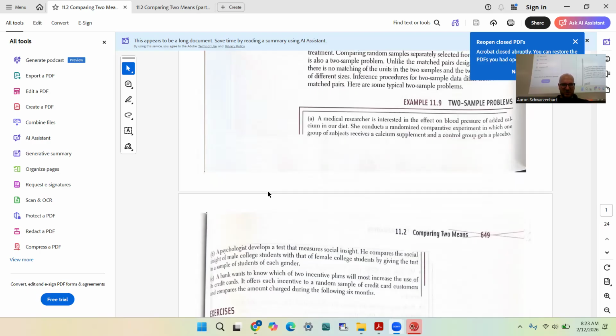A bank wants to know which of two incentive plans will most increase the use of its credit cards. It offers each incentive to a random sample of credit card customers and compares the amount charged during the following 6 months.